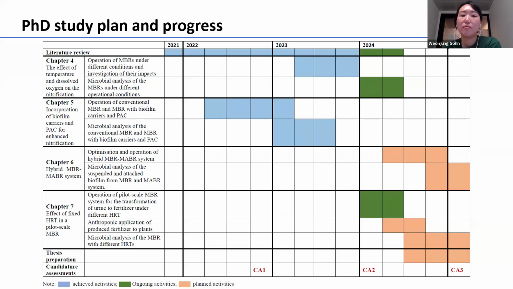We newly developed this compact pilot MBR system, so definitely we have some small issues, but I'm figuring out how to solve the problems and how to operate the pilot scale MBR system. Right now, I'm in the middle of figuring out the pilot system as well as acclimating the sludge.